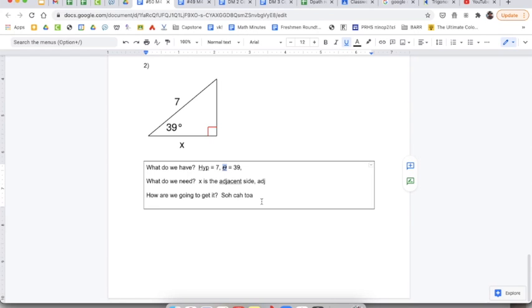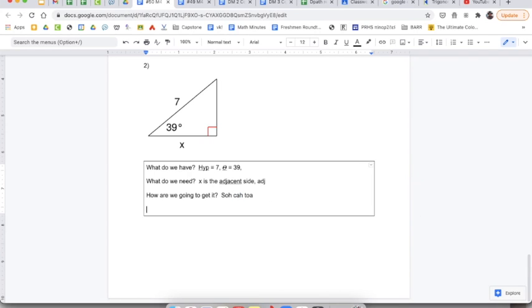So what we need to do is figure out which of the three trig ratios relates adjacent and hypotenuse to each other. So that's the one that has the A and the H in it. Hopefully you see now that that is cosine. Cosine is adjacent over hypotenuse.